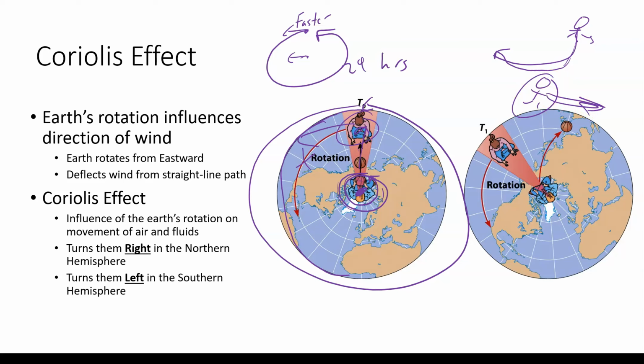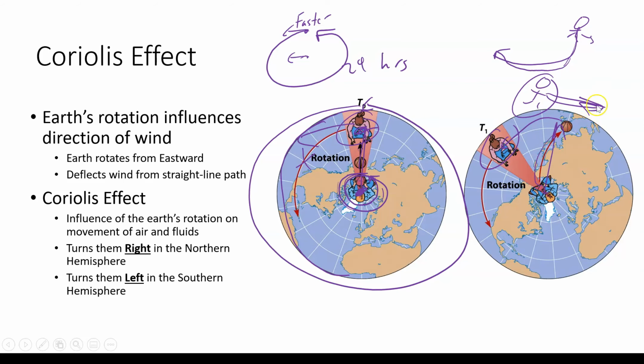Okay, so differences in rotational velocity is what causes that appearance or that relative motion to look like it swerves away from that straight line. When in fact, the ball did go straight from there to there, as you can see in this picture, but this person moved while the ball was traveling, making it appear that the ball curved like that.